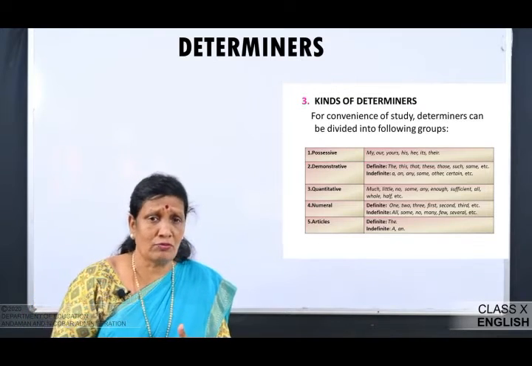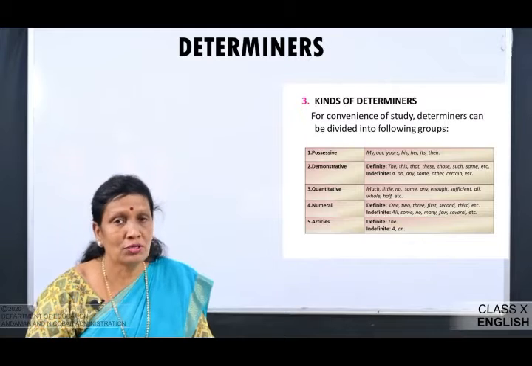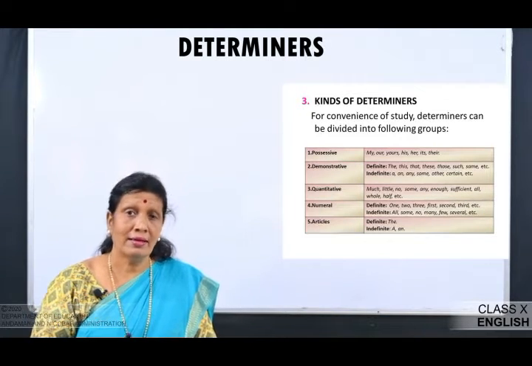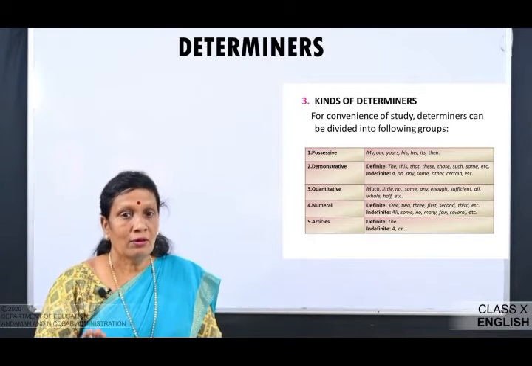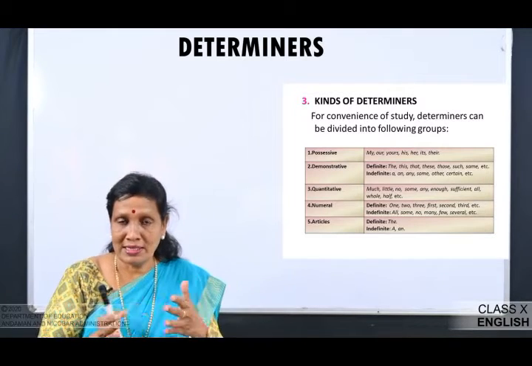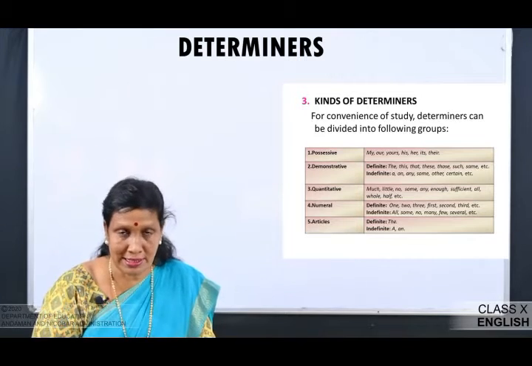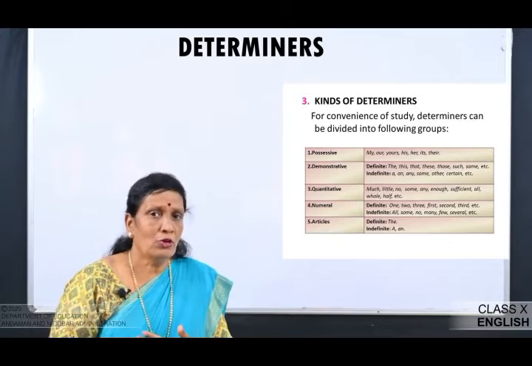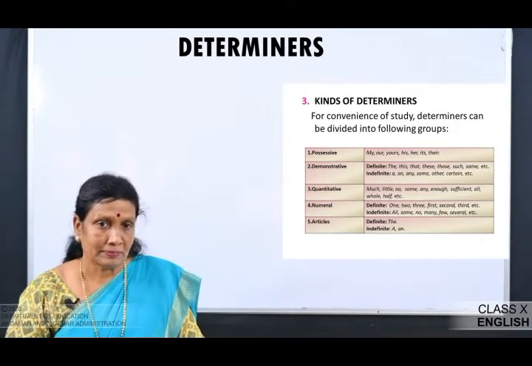Now, quantitative, or as I told you, the quantifiers: much, little, no, some, any, enough, sufficient, all, whole, half, etc. Quantitative tells us something about the quantity, the amount. Now, numeral. Numeral is something that is related to numbers.